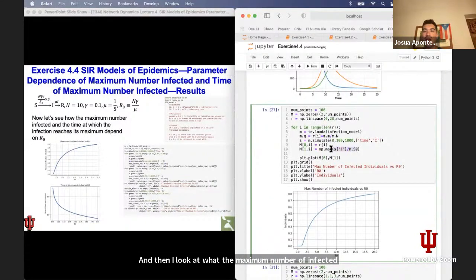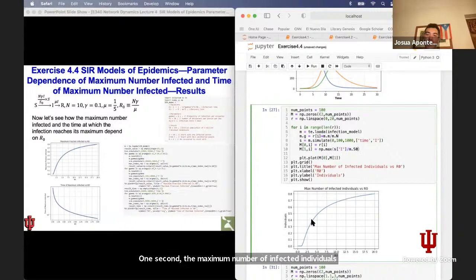the simulation as a fraction of the original number of susceptible individuals, just to get an idea of the percentage of the population that is infected. This will tell you the fraction of your susceptible population that will get infected, the maximum number of infected individuals as a fraction of your original population.